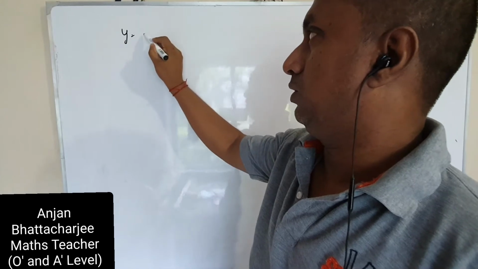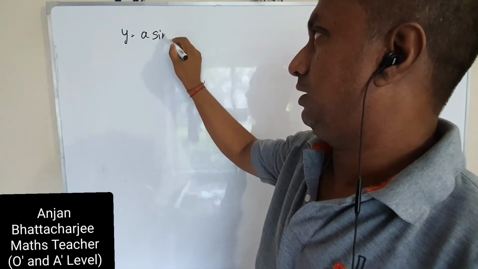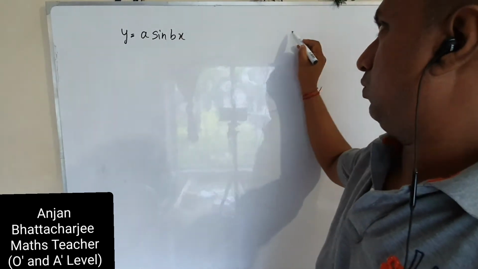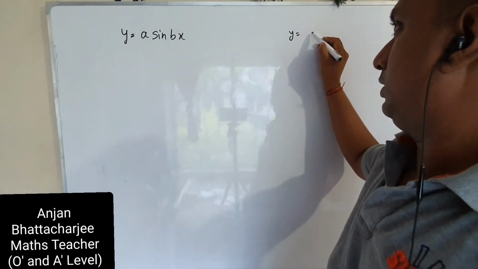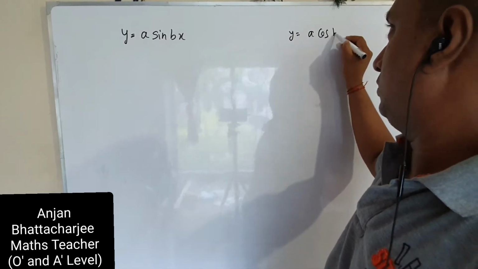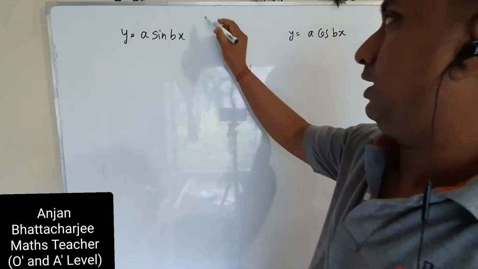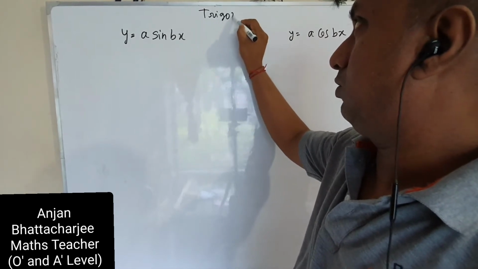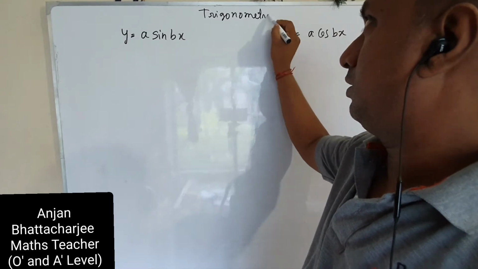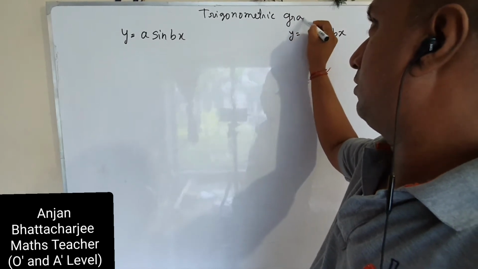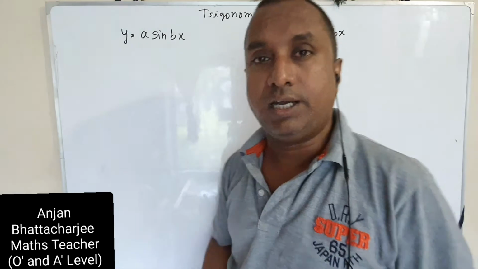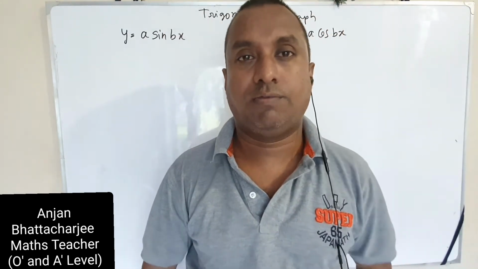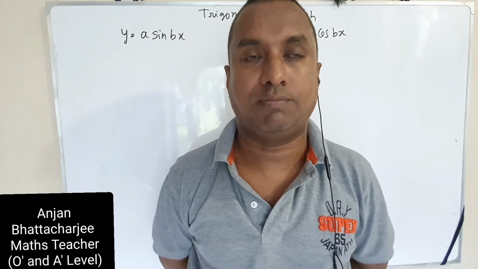Y equals a sin bx and y equals a cos bx, and this is also part of the trigonometric graph. Okay, already I have explained the sine curve, cos curve and tan curve.